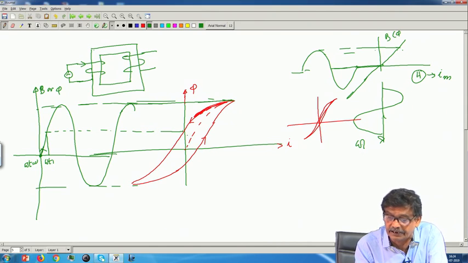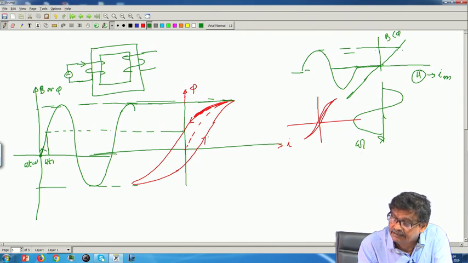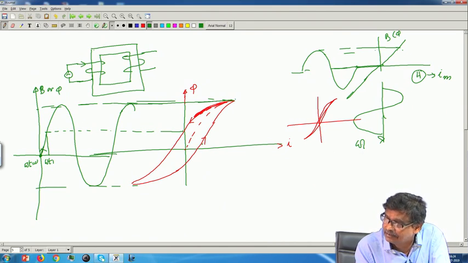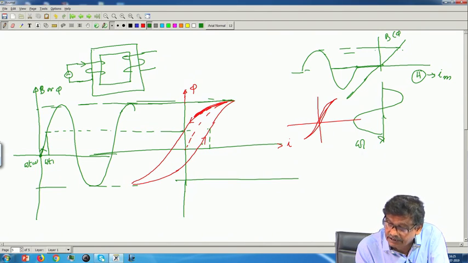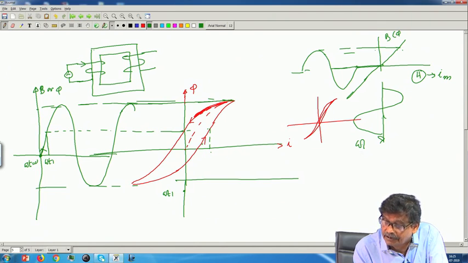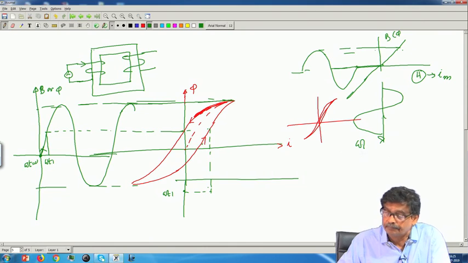It is a double valued thing. Phi is increasing, so phi is increasing means this one. So, come here and read the value of the current, this much current, and where should I plot this? I will plot it at omega t equal to 1. This much I will say is the instantaneous value of the current needed.